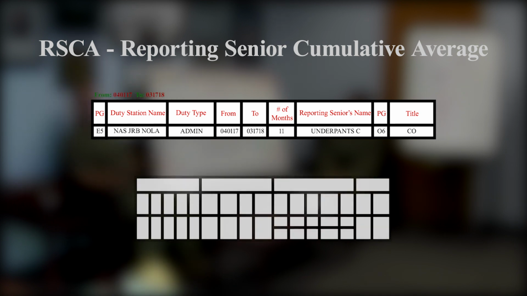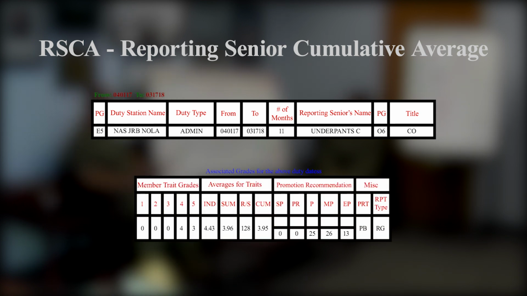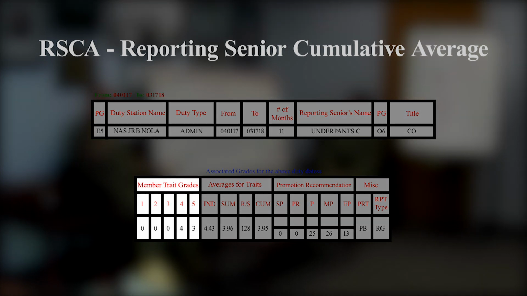And now we start getting into the math portion. If you look at a regular eval that we all have, you look at your individual traits, and you're graded for the specific traits anywhere from 1.0 to 5.0. This is a numerical representation of all the traits.